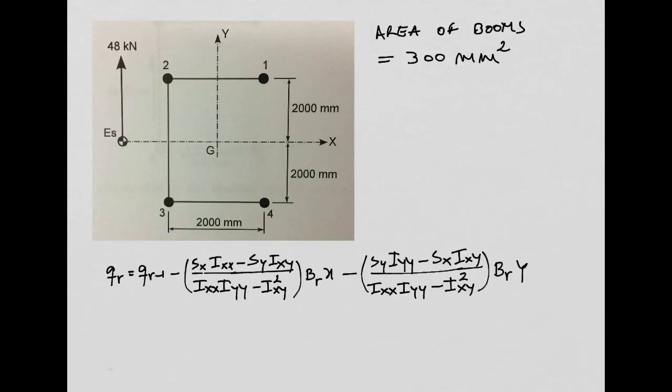So the first thing we should do is draw an initial orientation for the shear flows. Okay? So let's say between boom 1 and boom 2, I will have a skin, and I will have a shear flow here that I'm going to say is my shear flow Q1. Okay? And then this will continue to flow. I will then cross my boom number 2.